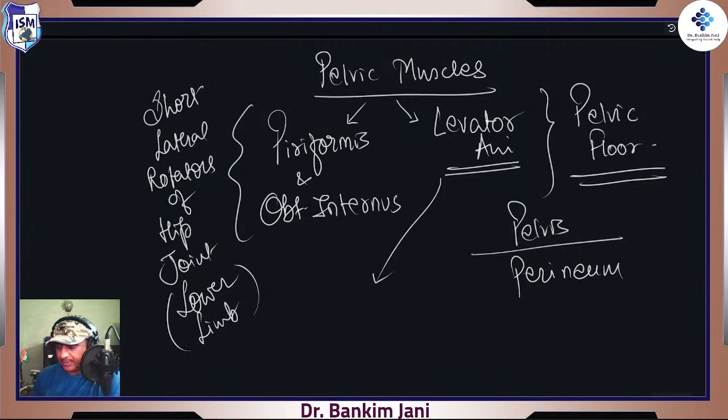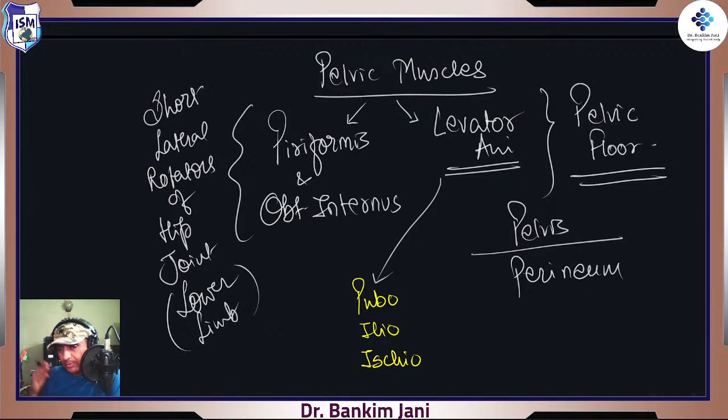Now this levator ani, actually it is made up of three groups of muscles, right? We'll see all of them in detail, but just from the names: there would be pubis, so pubo; there would be ilium, so ilio; and then there would be ischium, so that would be ischio.